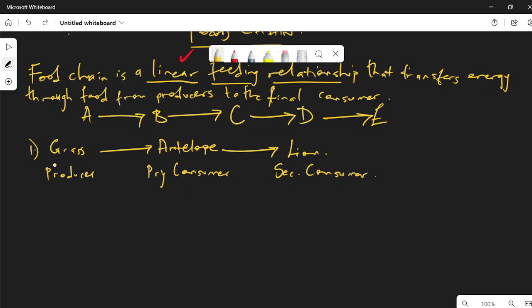It is only the first organism here that is going to be the producer. Are we together? Only the organism here is accepted as the producer. Every other thing that comes after the producer is going to be referred to as the consumers. Is that clear?